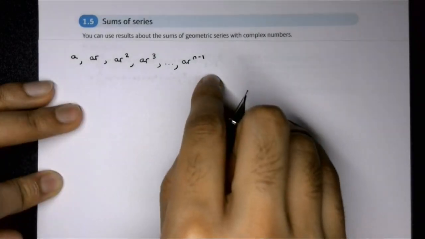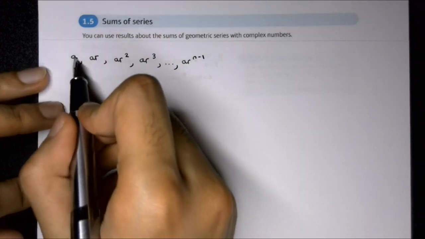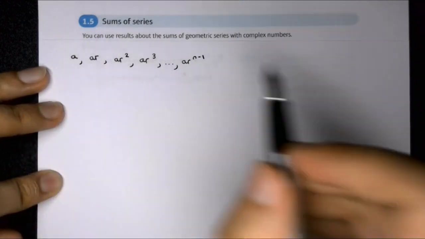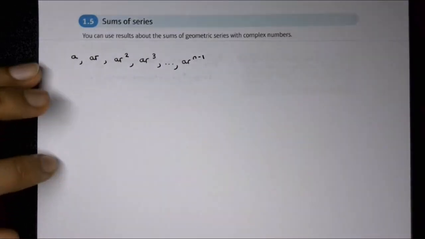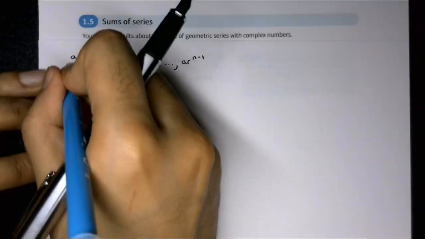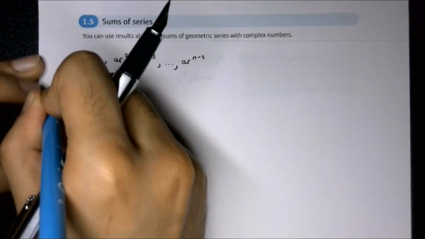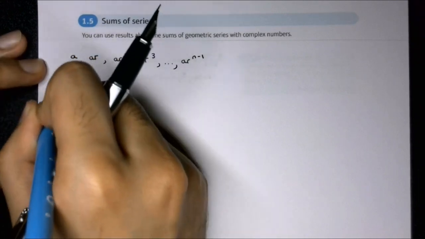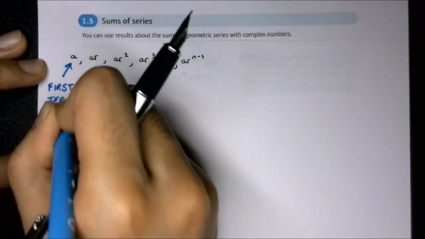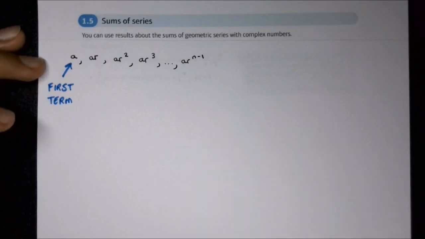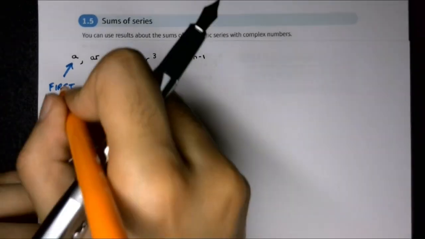So what exactly are we doing over here? Well, you can see the first term is a. We're multiplying each time by r. So let's just show this information. You can see here we have the first term, which is a, and then each time we are multiplying by r to find the next term.